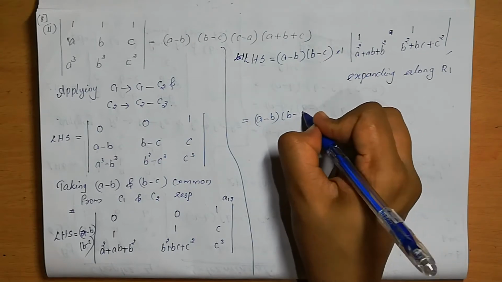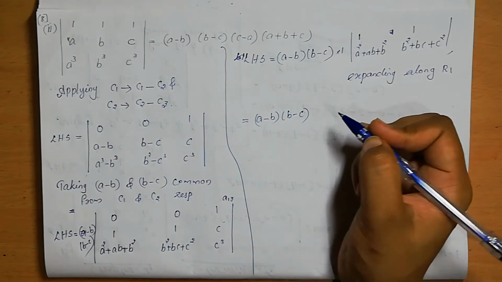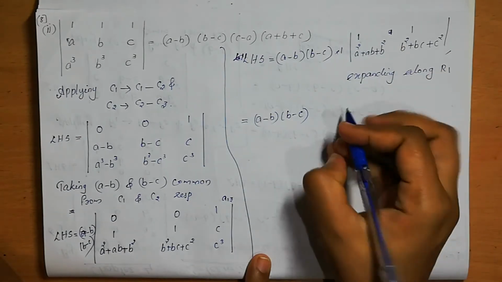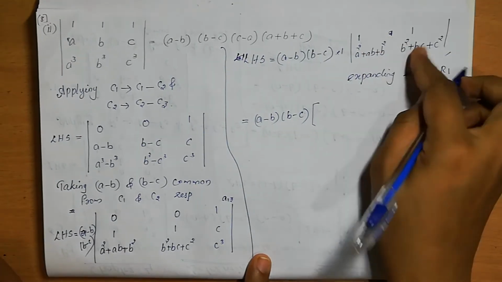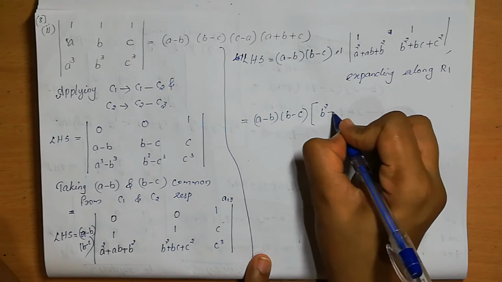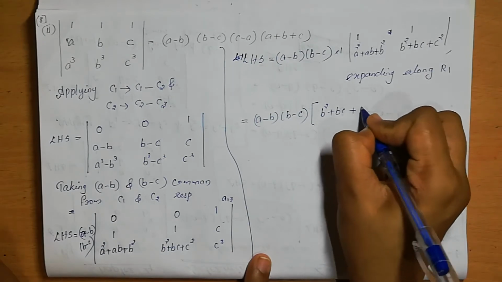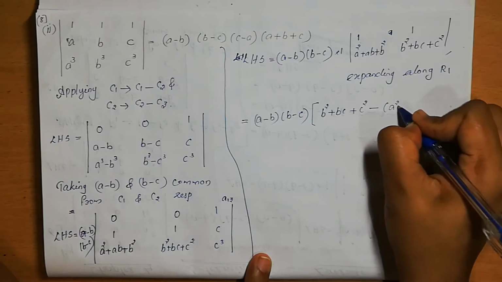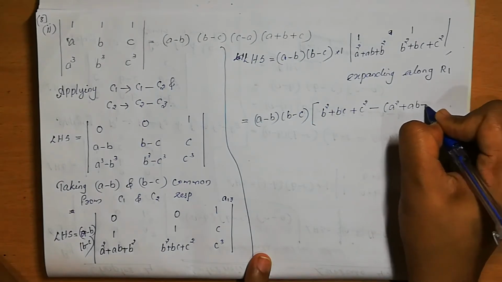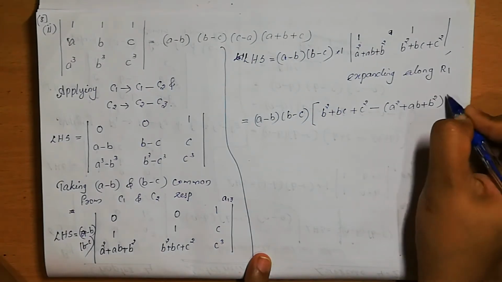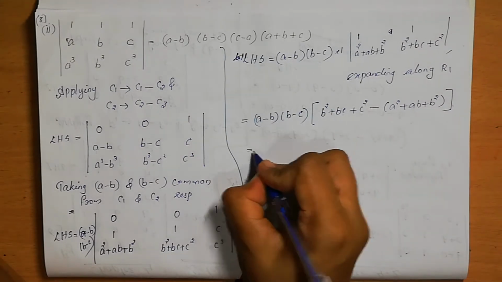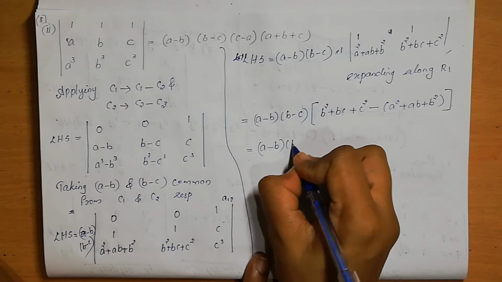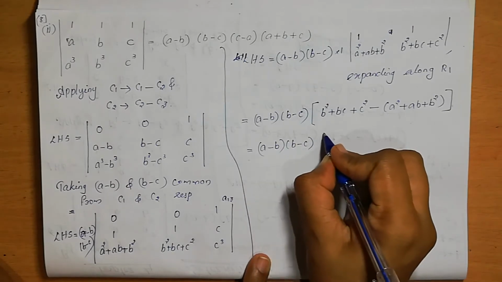So now we can write the answer: (a − b)(b − c). Next, we cross multiply: in brackets, 1 into (b square + bc + c square) minus 1 into (a square + ab + b square), equal to (a − b)(b − c).